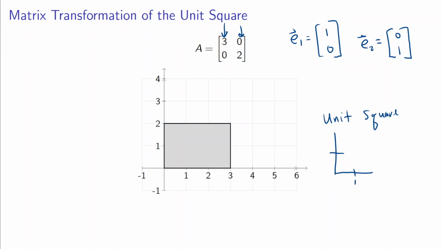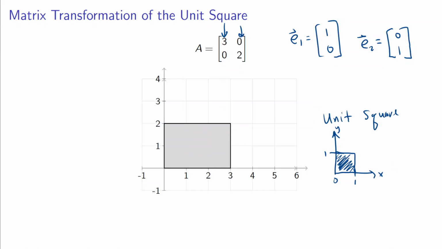So we have our X and Y axes here, and the unit square is just going to be this one here. If we were to transform this unit square under this matrix transformation given by A, then we'd end up with this rectangle over here.